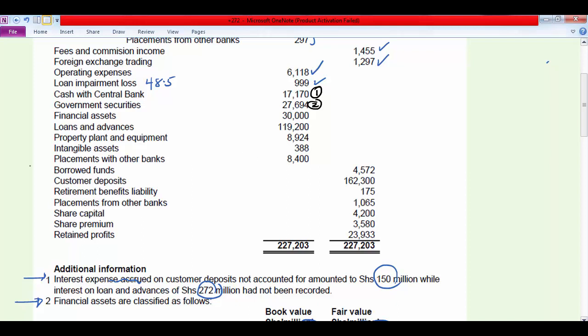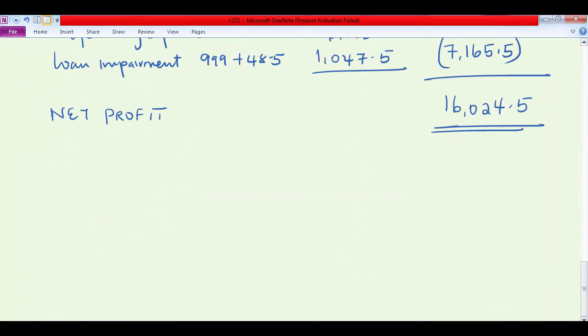Yes, I noticed there is this placement from other banks that is more liquid, so probably should be number 3. And then comes in the financial assets, which can be number 4. And then loans and advances can be 5. PPE can be 6. And then intangible are the least liquid. They can be number 7. So can now come and post this.